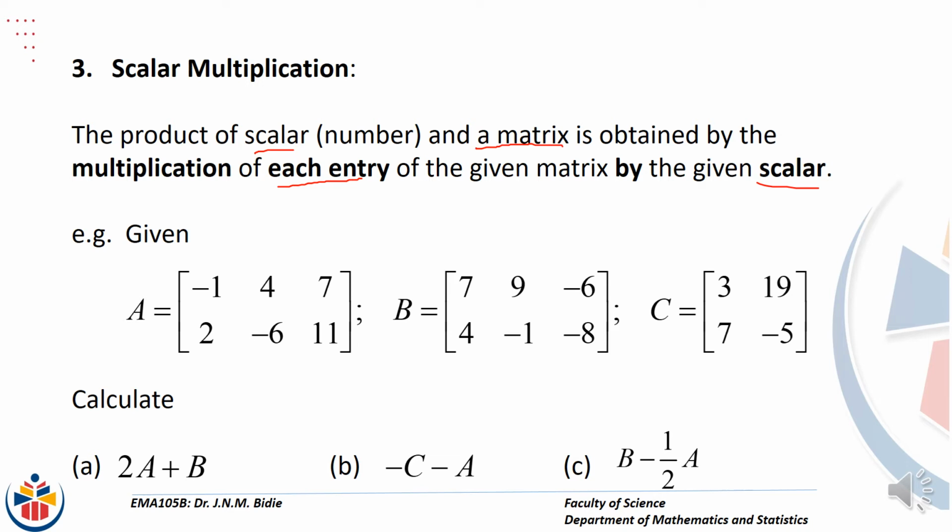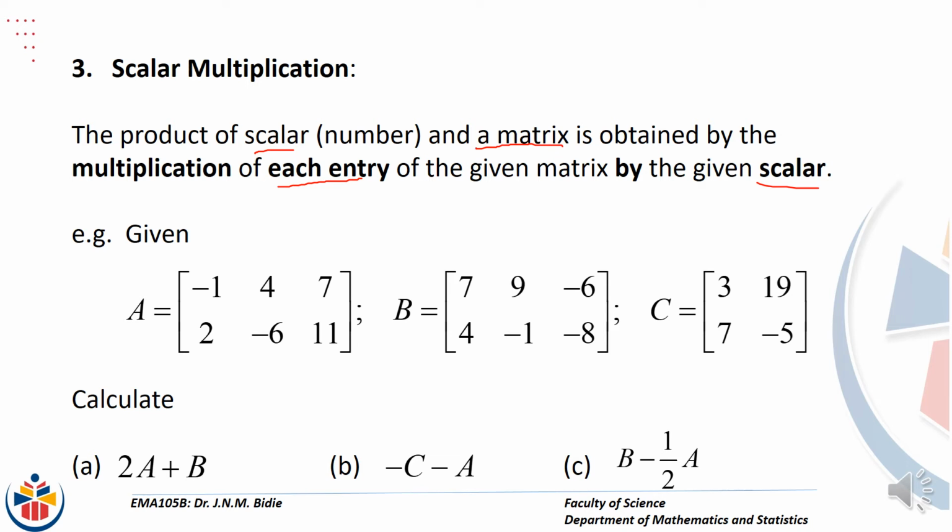Then we go to C, which says B minus half A. Now that means you start with B. So you substitute. So what you do is to write out B as it is, minus half times A as it is, and then up to you whether you'll be able to do it by inspection or not.